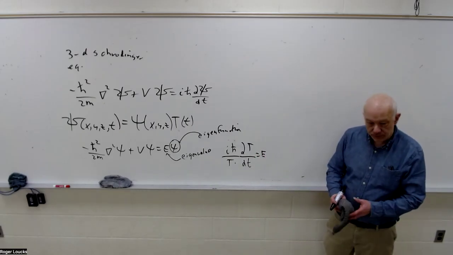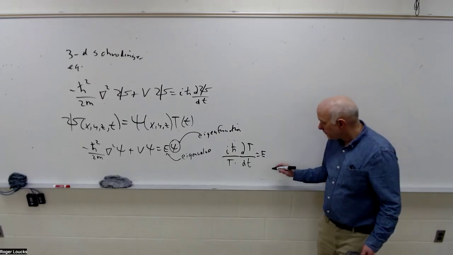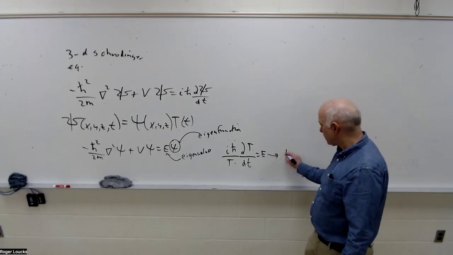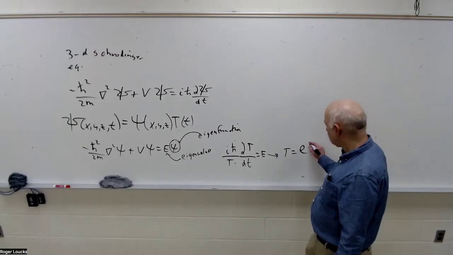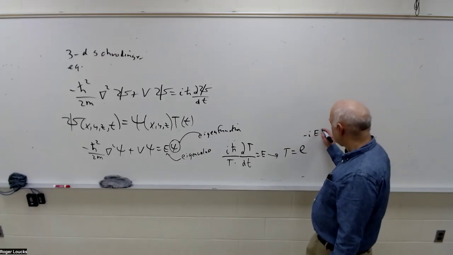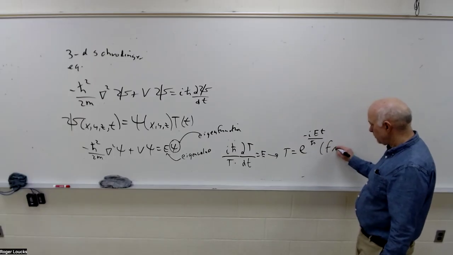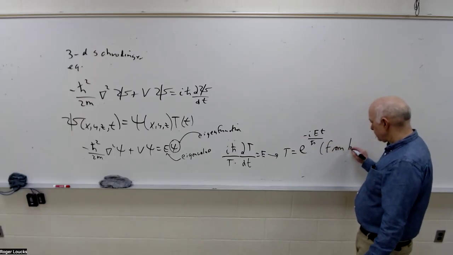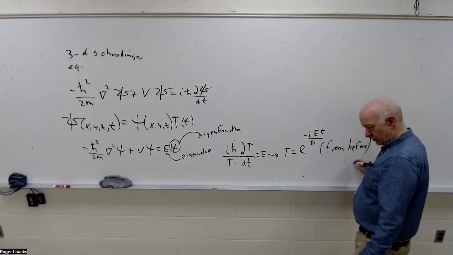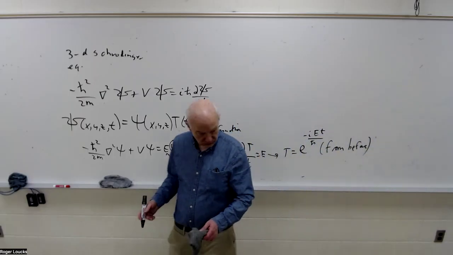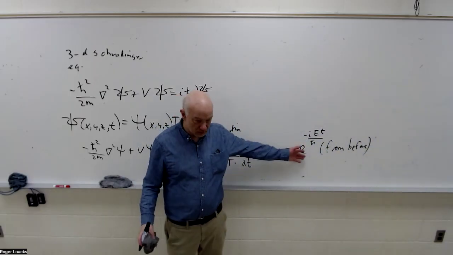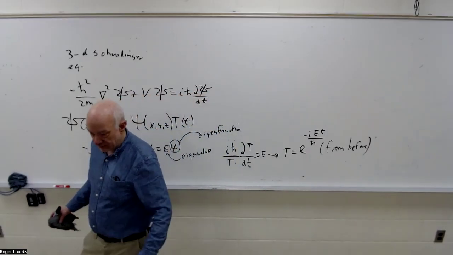That's what we had last time. Well, we solved this before. We know that this equals this expression here. This is e to the minus i E t over h bar. This is from before. And since you've been studying for your test, you probably remember seeing that derivation in your notes.